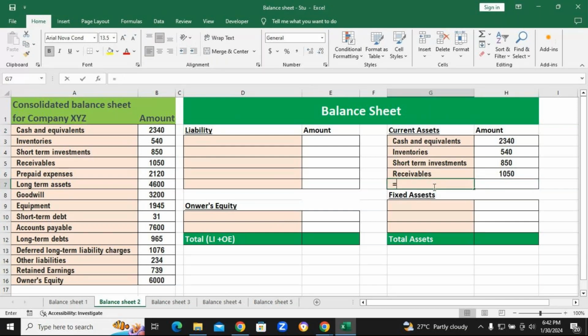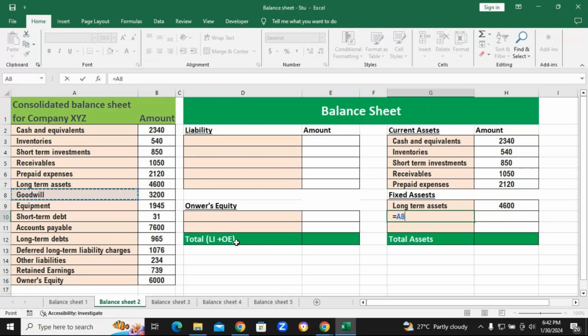Then we have prepaid expenses. Then fixed assets, long-term assets. Then we have goodwill. Then we have equipment.